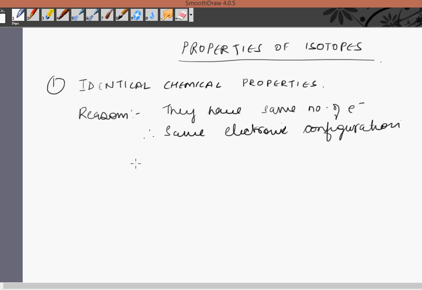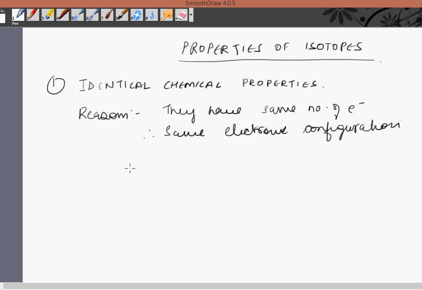As the chemical properties depend upon the number of electrons and the electronic configuration only, so they have the identical chemical properties.